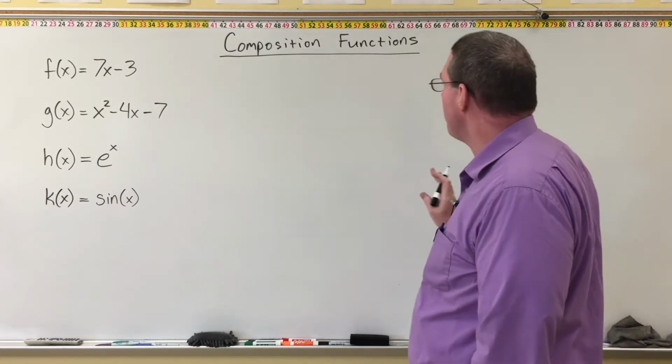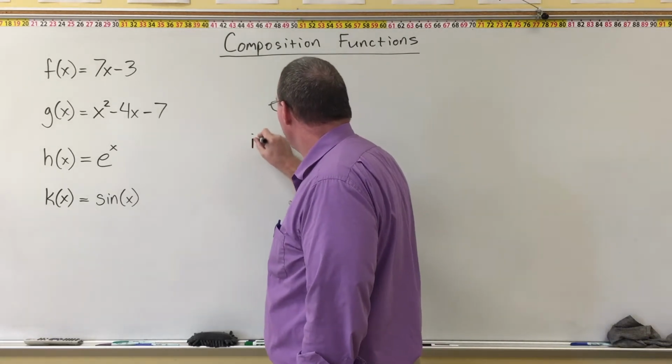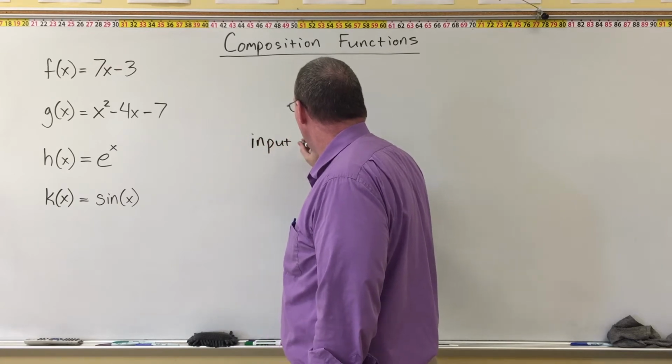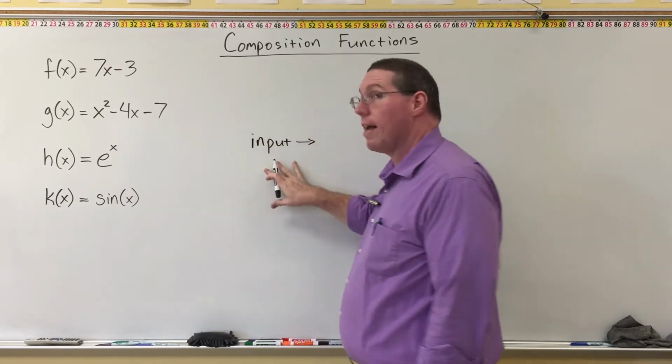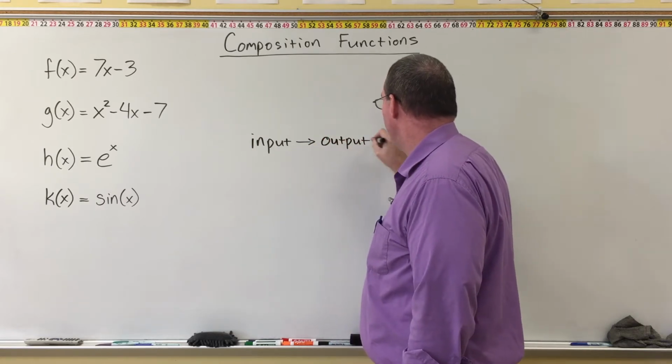The idea of a composition function starts with the idea that a function is a situation where you have an input variable that, when processed, gives you some kind of output variable.